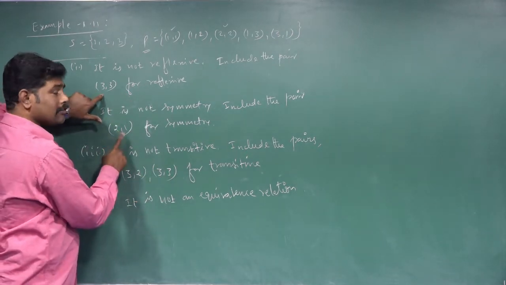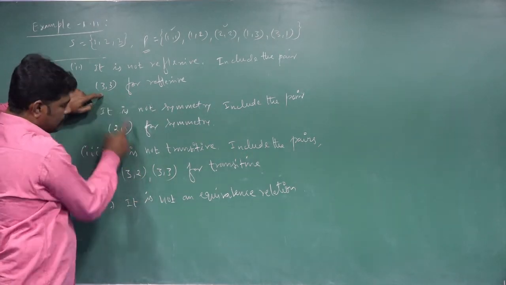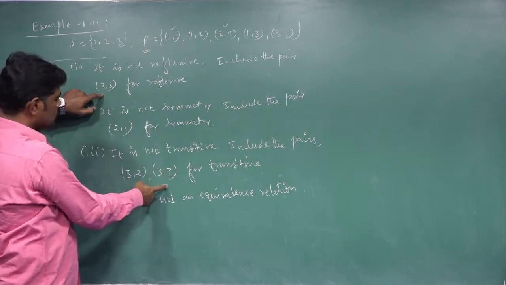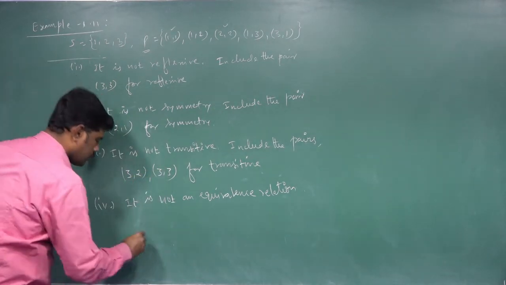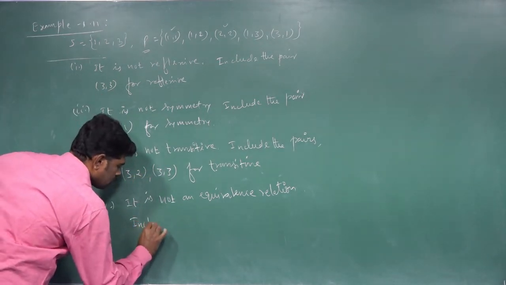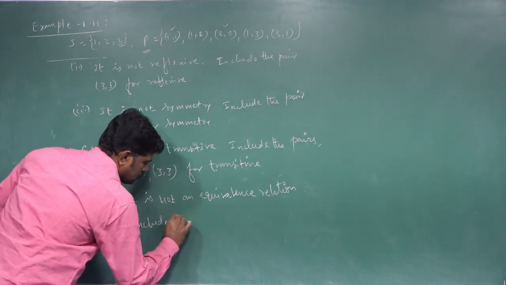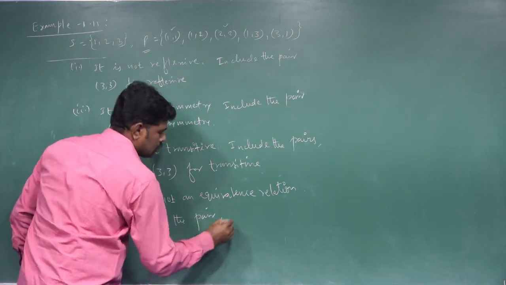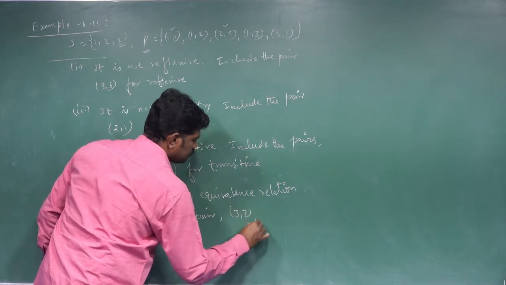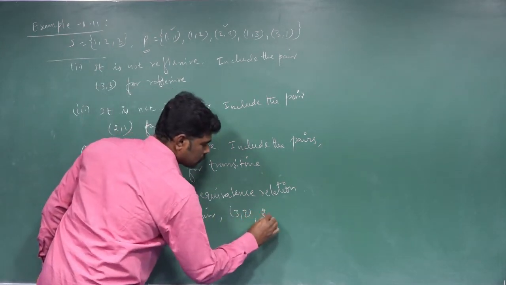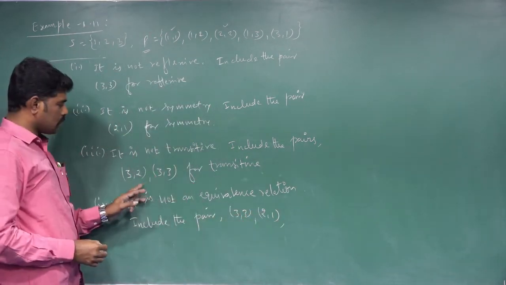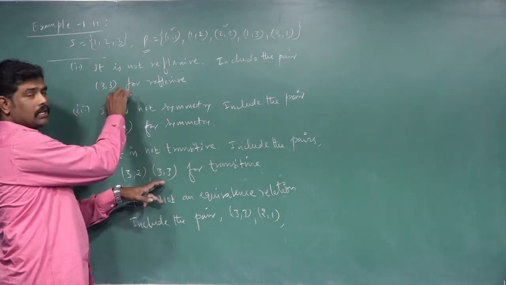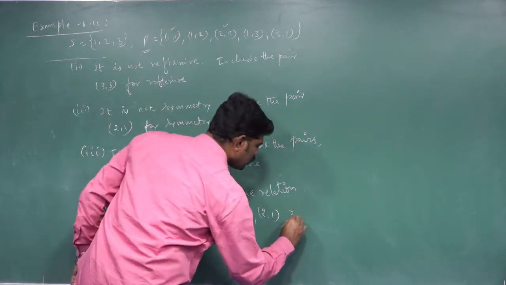If you include this one, it becomes symmetric. And the same-element pair (3, 3) is present here too. Include the pairs (3, 3), (2, 1), and these two are here, but (3, 3) is already repeated here. Then we can take this case only.